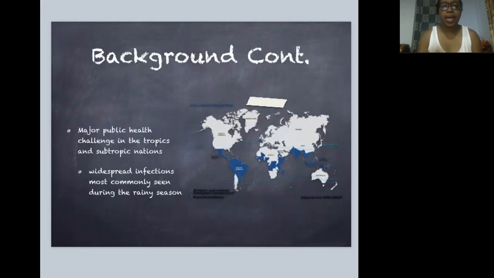However, the incidence of dengue fever has started to become more prominent in other parts of the world, apart from the tropical and subtropic nations, due to global warming and frequent air travel between countries.